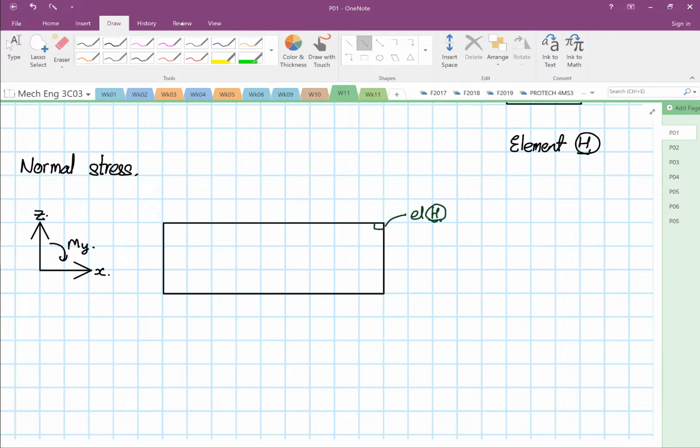Given that's the position, we can draw our reacting forces. So we have 800 pounds over here, and then we have another 800 pounds coming down.